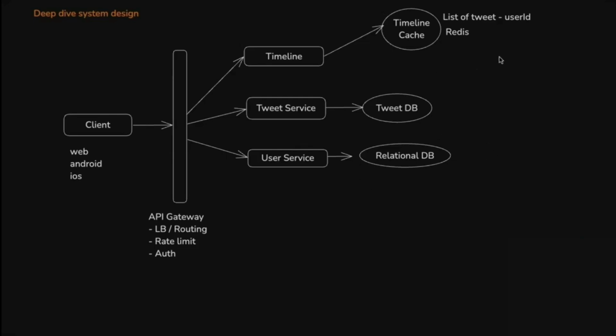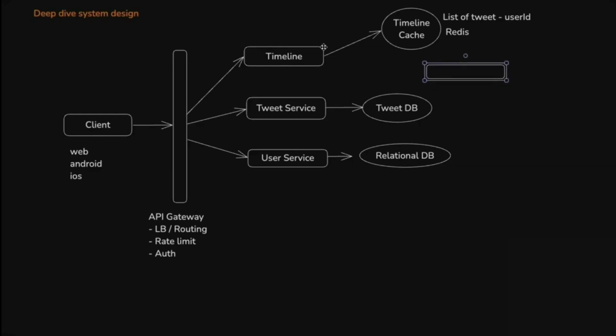So now let's focus on the timeline, how we want to build this list of tweets for a particular user. Whenever a tweet is posted by a user, this tweet is saved into the DB. We can also post this into some service which can do the computation.